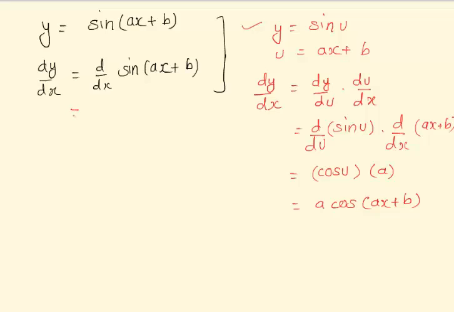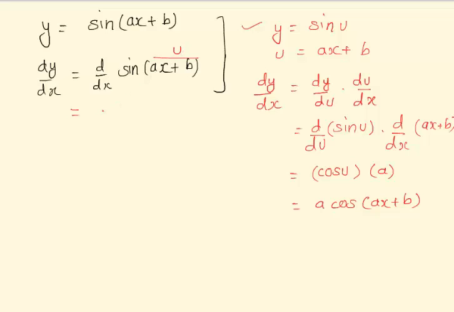Now let's try to follow this step and try to do it directly. Then we know that this will become u and this will become sin u. Then we will write it as d by dx of sin u, which will be cos u.